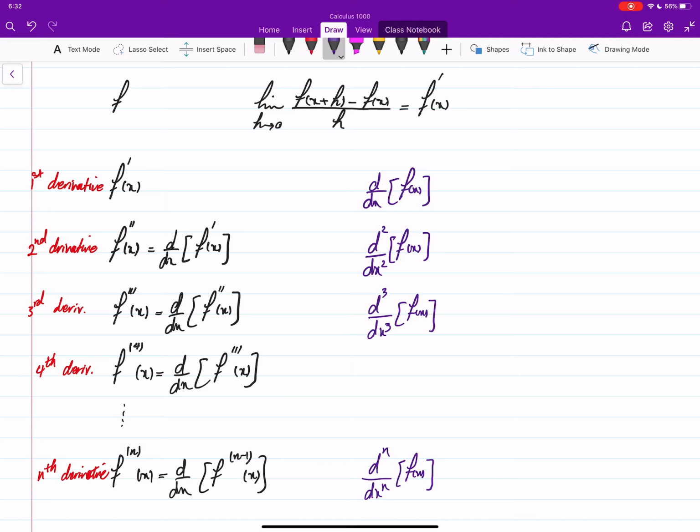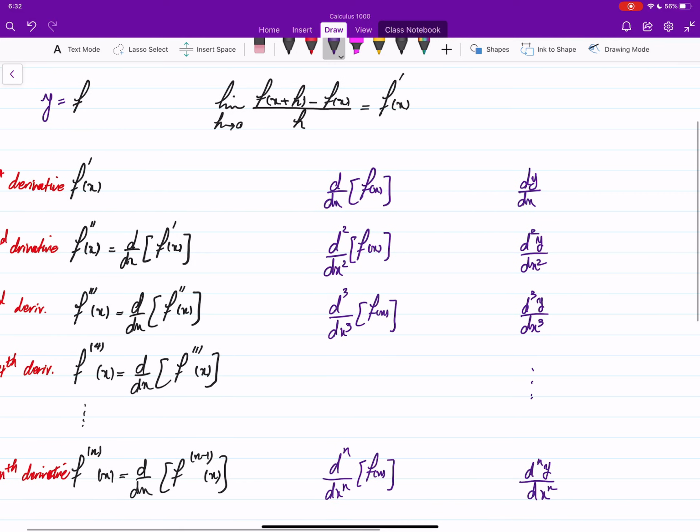Or sometimes you will see me writing, if y is equal to f of x, dy dx, d2y dx2, or d3y dx3, and this will go on to the nth one, dny dxn. See, the notation has some subtlety here.